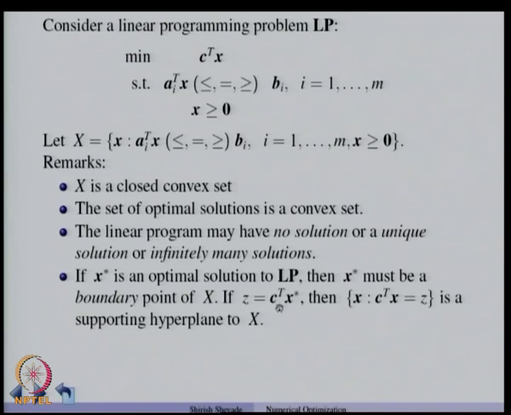Now, if X star is a solution, let us take Z to be C transpose X star.